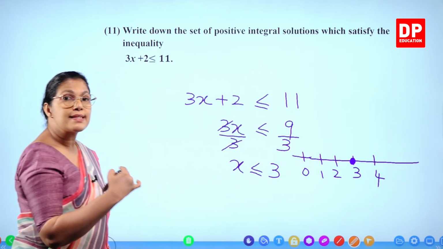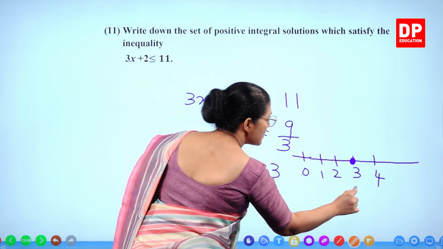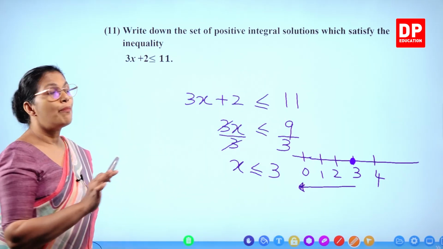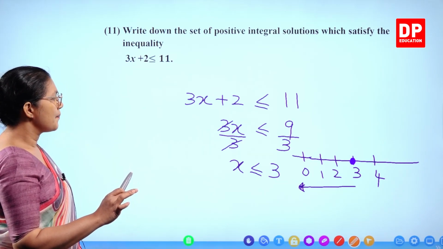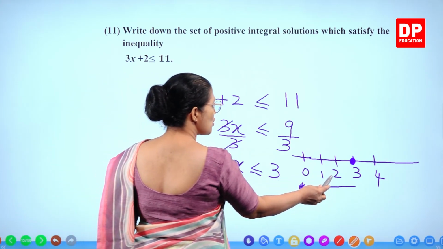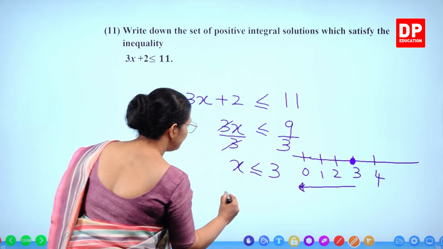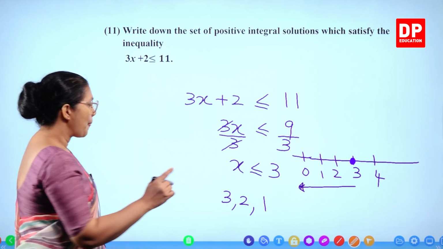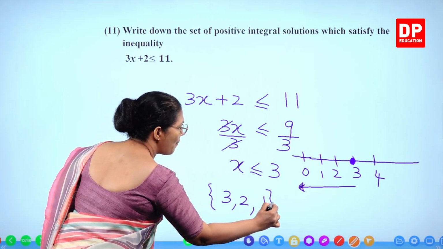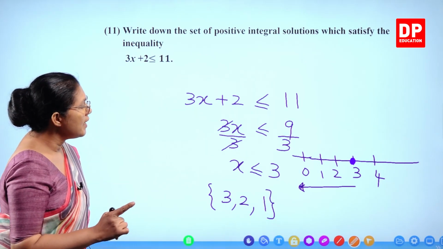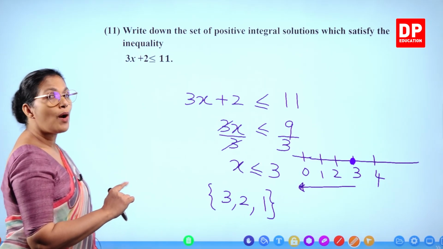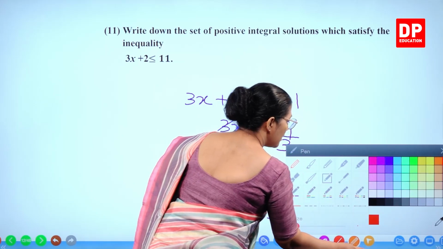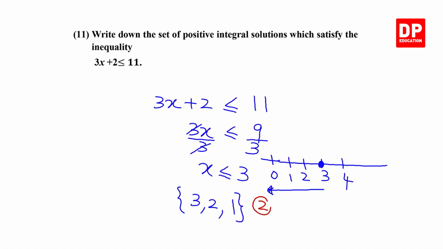This is x less than. So x less than side is this. But they are asked to write down set of positive integral solutions. What are the positive solutions? It can be 3, 2, 1. You can't write 0 because 0 is not a positive integer. So only 3 values, 3, 2 and 1. So you get 2 marks for that.